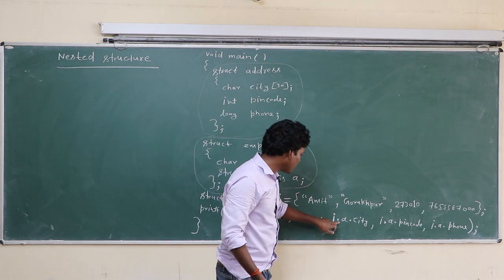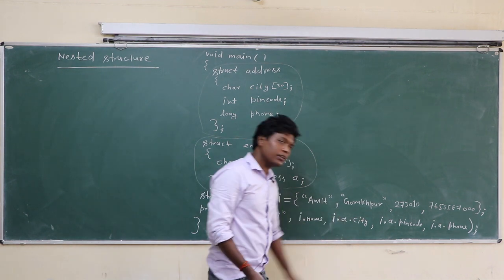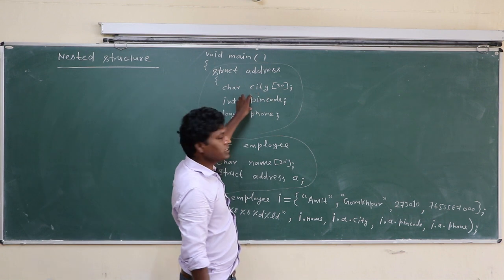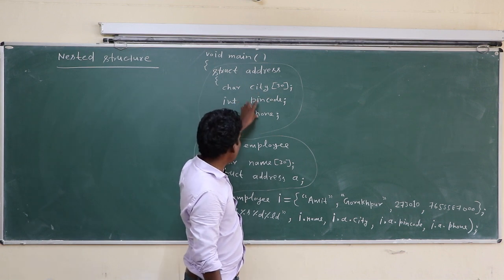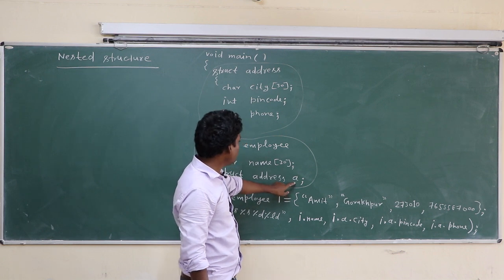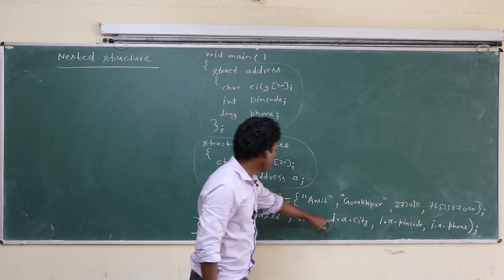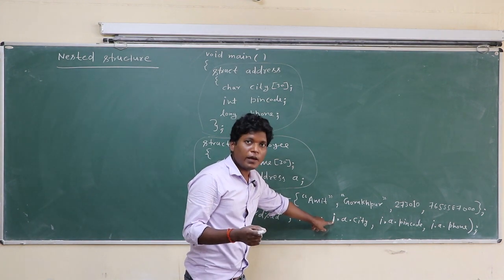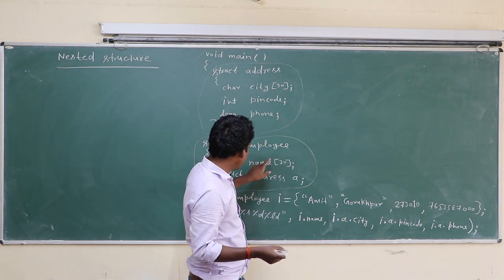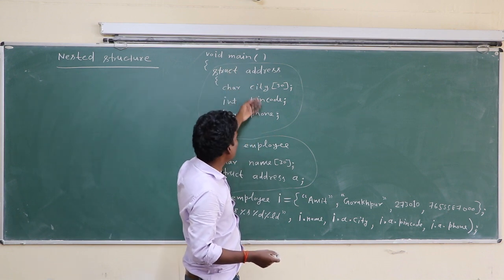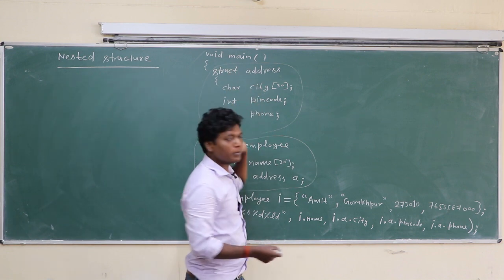I dot A dot city. Class, basically city is a part of this structure, and we are declaring it here. So we go from I, the structure variable of this, dot the structure variable of this, dot the structure element.